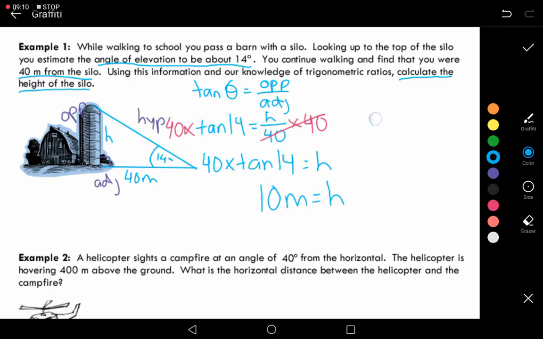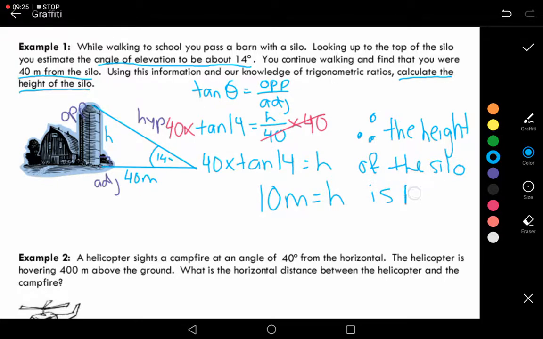What we were calculating here is the height of the silo, so therefore the height of the silo is 10 meters. Okay, so we followed 1 through 6, and we have completed this example.